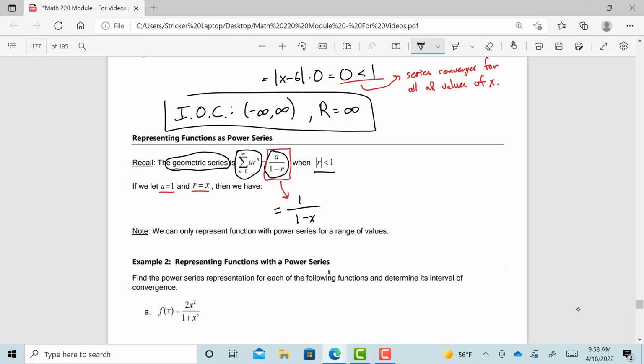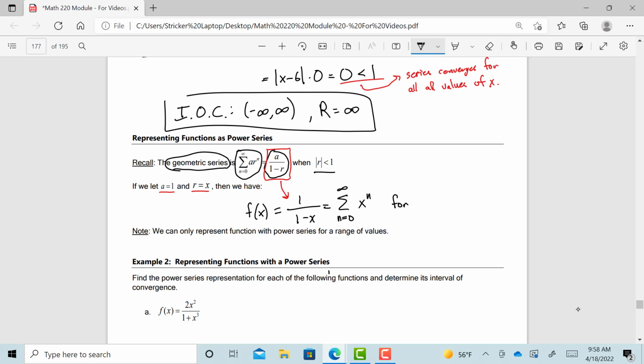And so the advantage of this is it helps us to determine a power series for any function that has a form that's similar to 1 over 1 minus x. Because if we did, then that would be the series from n equals 0 to infinity of x to the n, which we know converges for some values of x, not all.